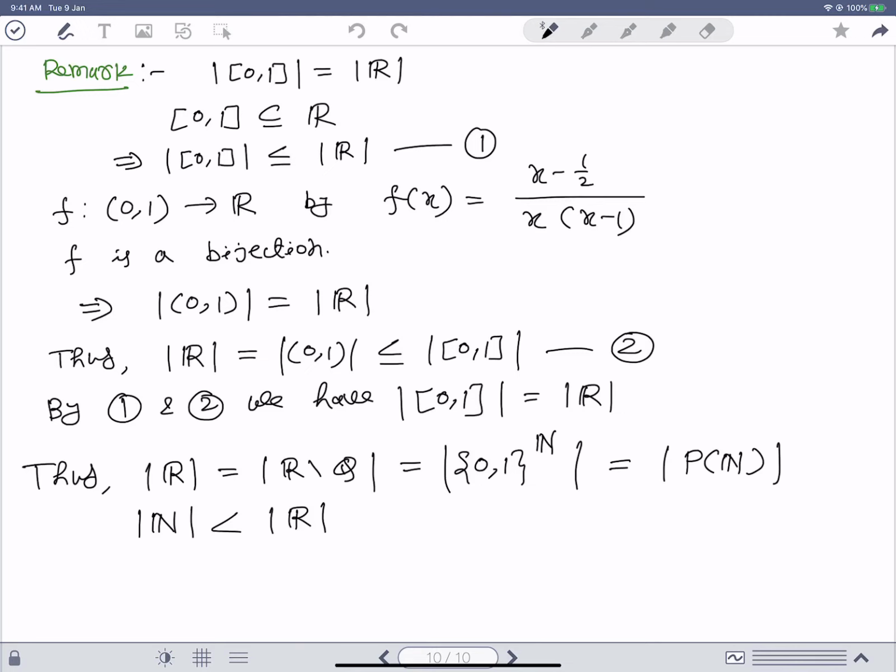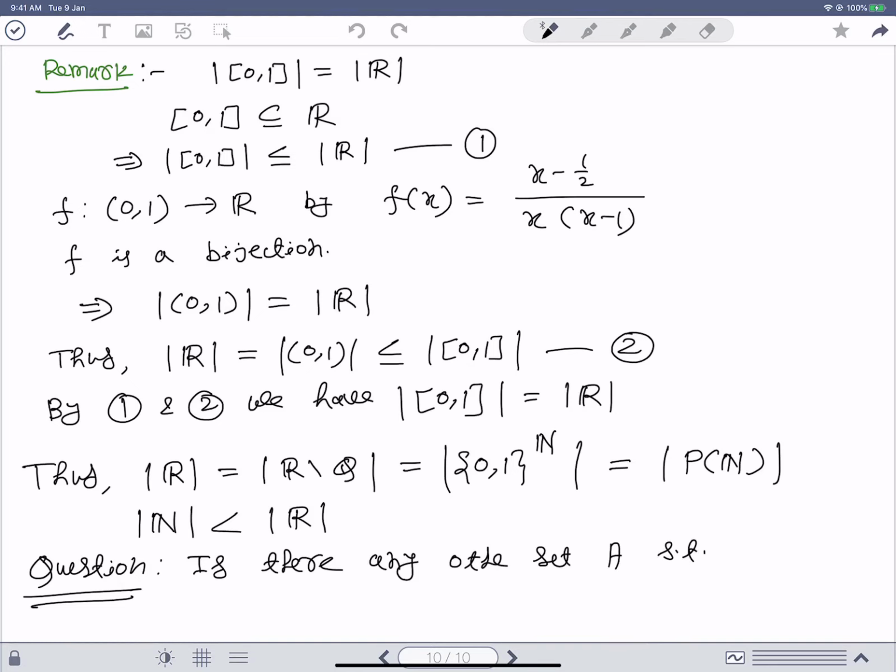Now the question is, is there any other set, say A, such that the cardinality of N is less than the cardinality of A, which is less than the cardinality of R?